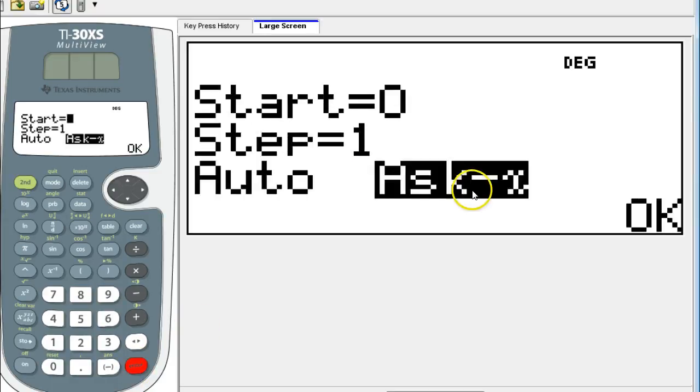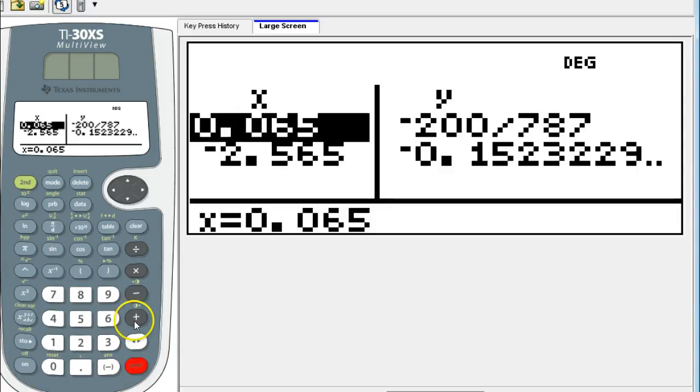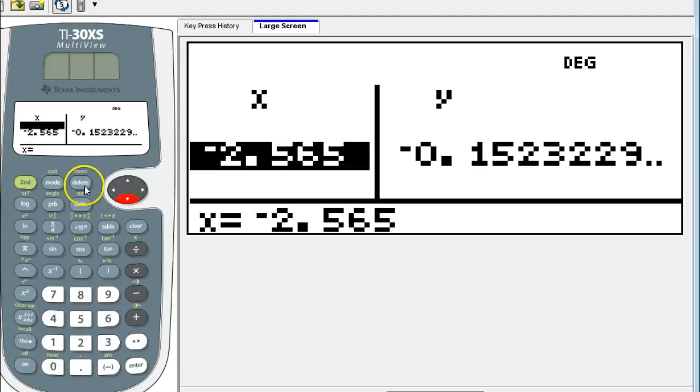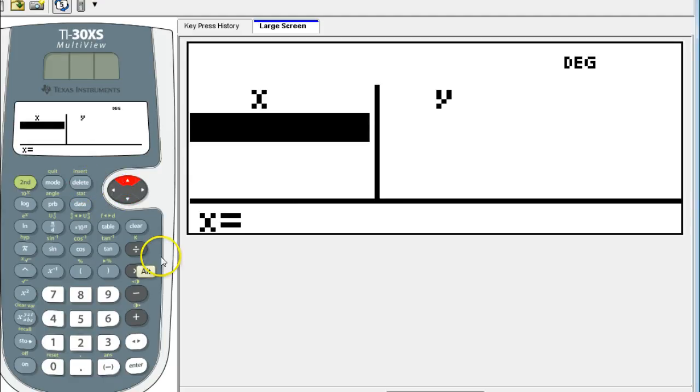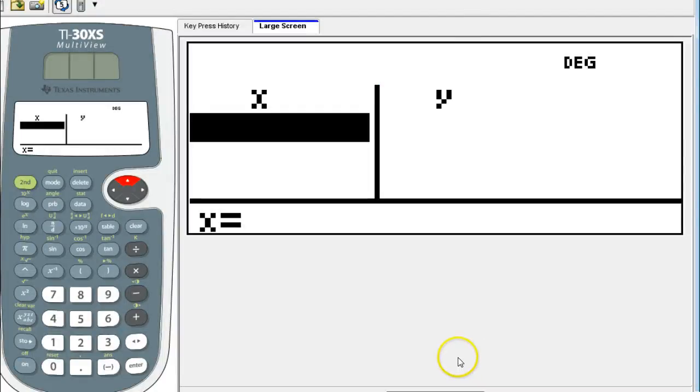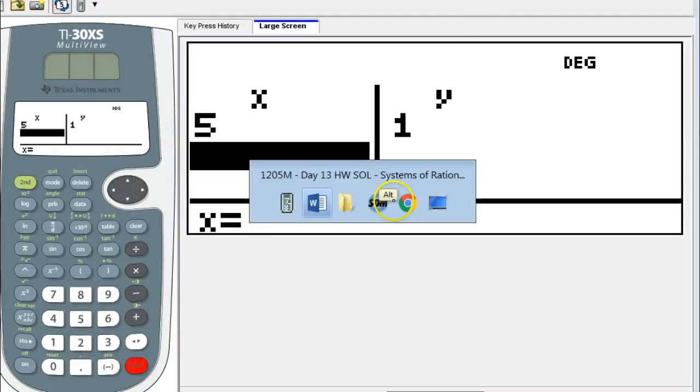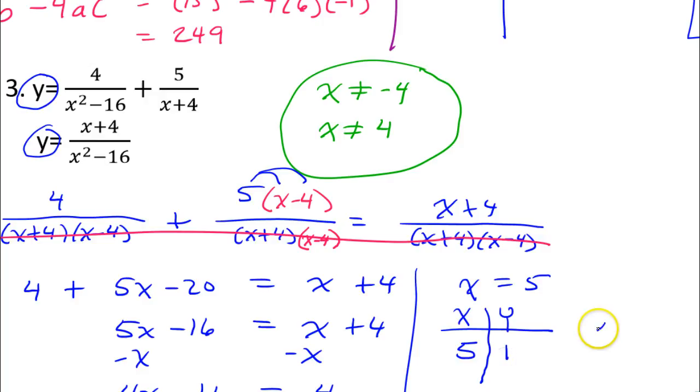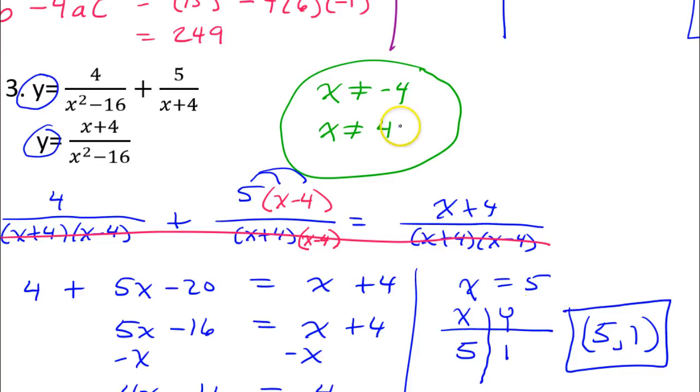Make sure your calculator is in Ask X mode. And I'm just going to delete this. It's a little distracting. Alright, we want to evaluate at 5. So, bling, 1. So the answer is 5, comma 1. Alright, and notice that that 5 is not one of the excluded values, so we're good. We're real good.